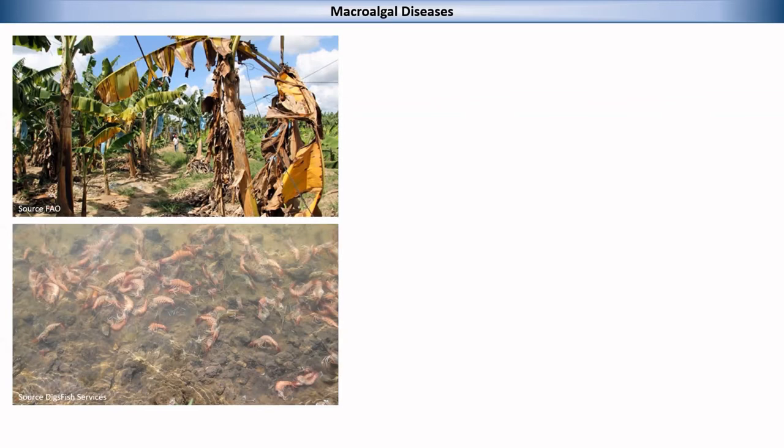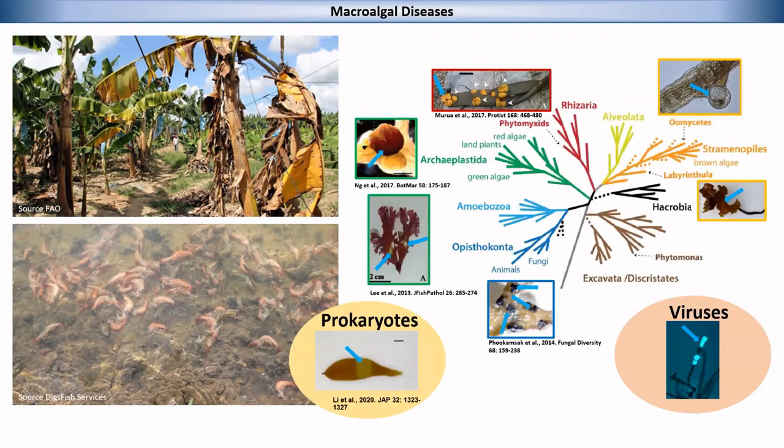These pathogens and disease-causing organisms of seaweed are of diverse phylogenetic origin, and they are omnipresent. Here I show you a few examples of such algal pathogens in the eukaryotic tree of life. For example, we have oomycete pathogens and brown algal pathogens. Then we have fungi that can infect macroalgae.